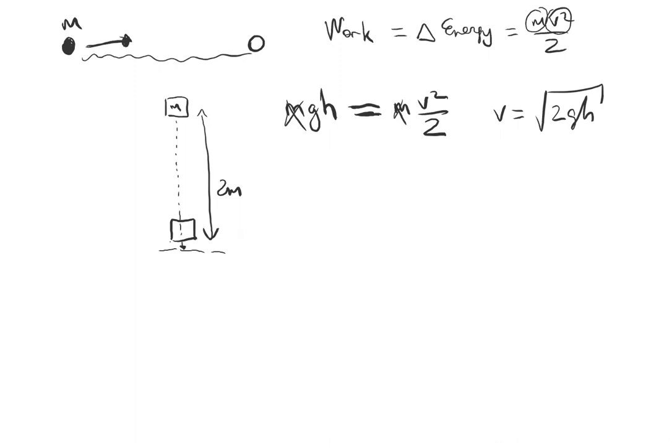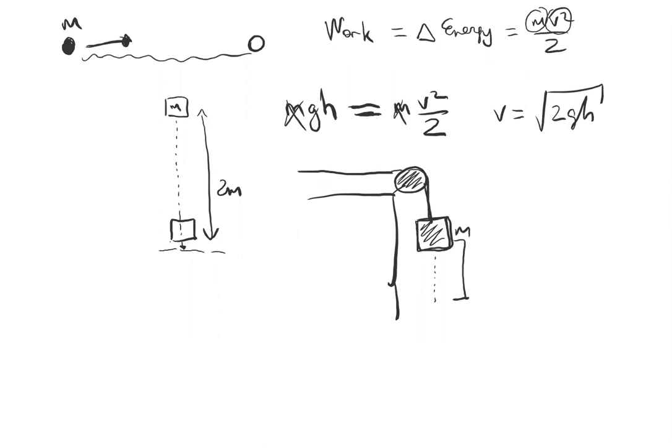What we will do now is we will think about how objects that rotate contribute to this. So let's say you have this box, and this box is suspended on a rope, and there is this pulley. As this box falls down, it will be losing its potential energy because it gets closer to the ground, and it will be gaining its kinetic energy.